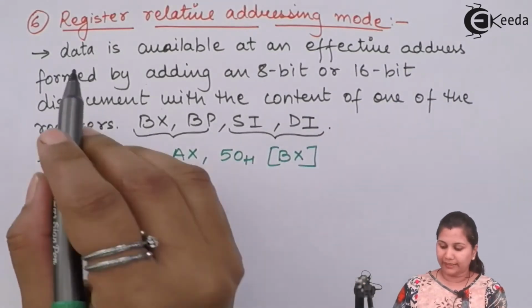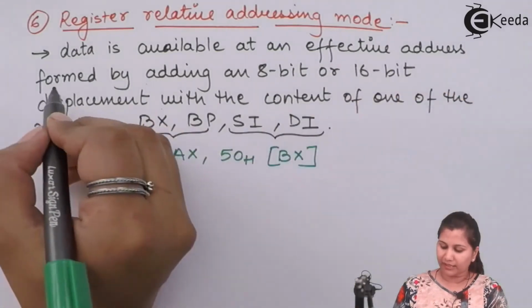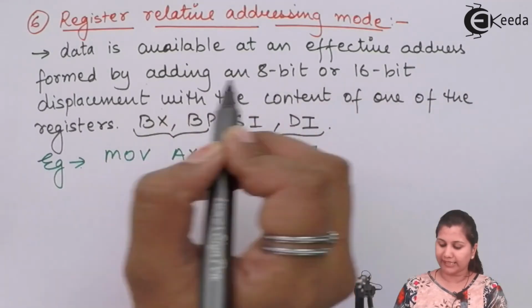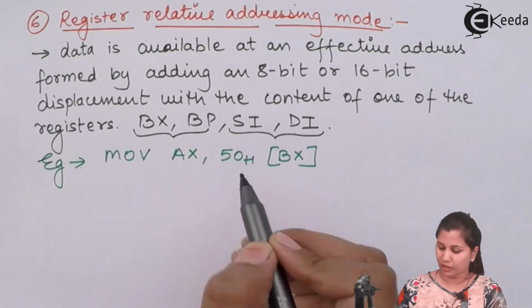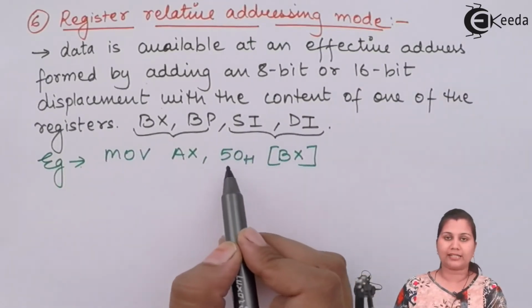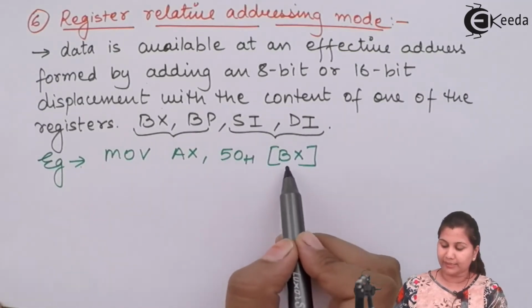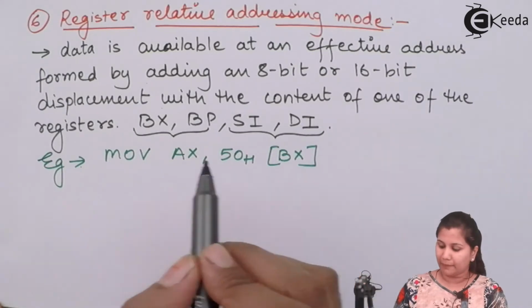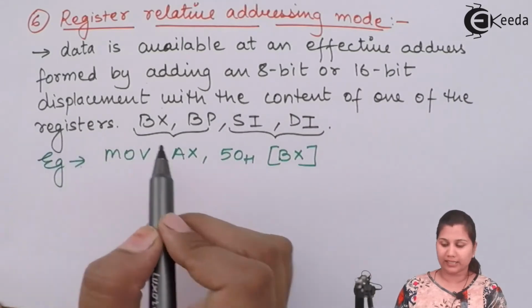So in this, the data is stored at some memory location. The address of that memory location is formed by some offset address plus the segment address. Here the effective address is formed by adding the 8-bit or 16-bit displacement, which will be specified in the instruction. Here we have 50H, that is the 8-bit displacement. That will be added with one of the registers, BX.